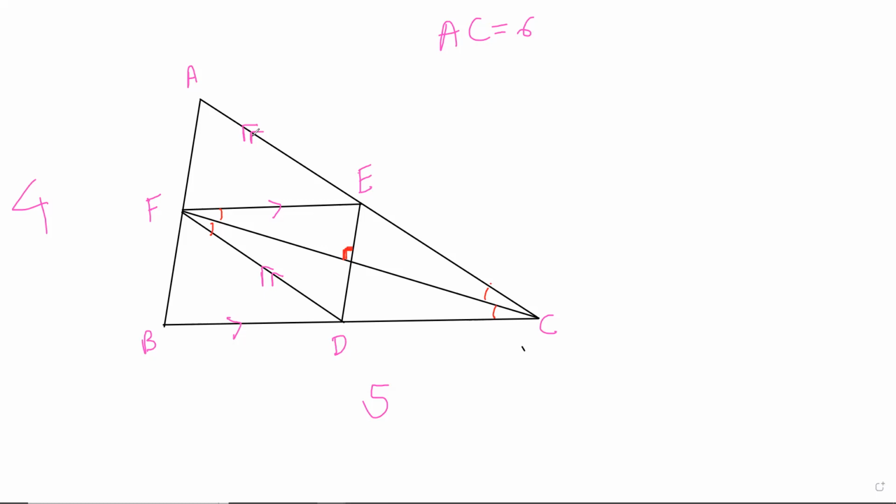Sir, I think we have drawn the measurements wrong. So what are they? AB was 5, AC was 4, and BC was 6. Okay, I change this. AB was 5.